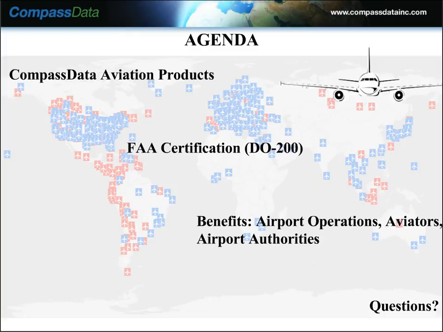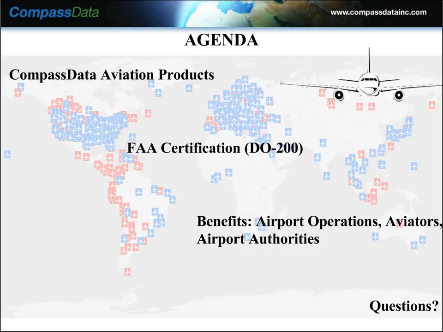A brief look at the agenda: we'll go over the aviation products, the FAA certification, the DO-200 from the FAA, the workflow there, and then the benefits of this data to the different market players: the airport operations, aviators, airport authorities, and really just looking at who the users are currently and what they're doing with the data.